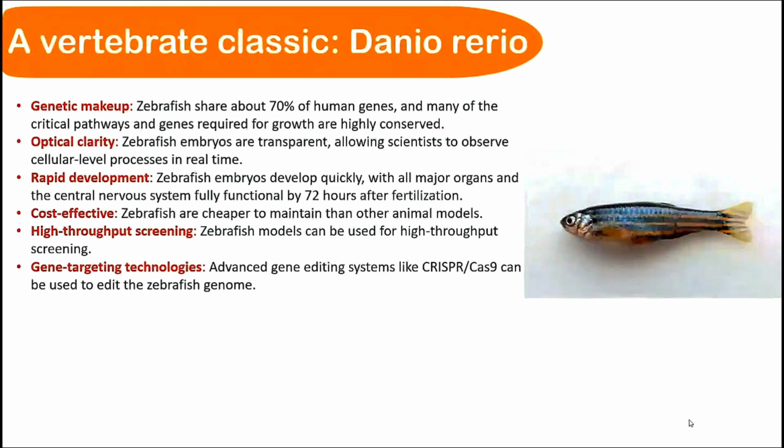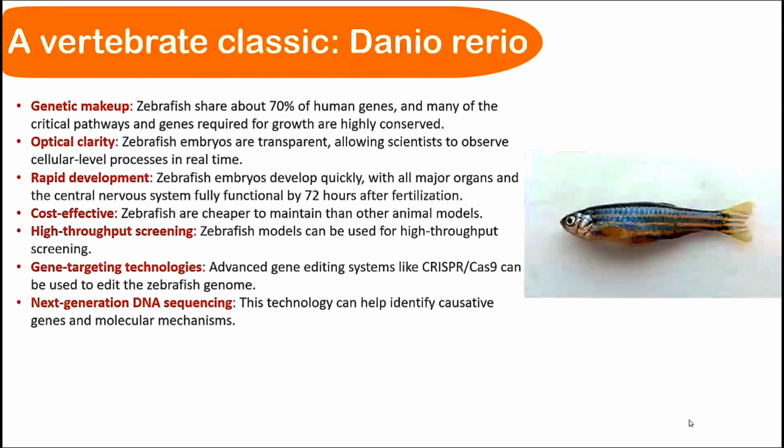They are also good with gene editing systems such as Cas9 and CRISPR for editing the zebrafish genome. And next generation sequencing, NGS, has also worked well with the zebrafish. So zebrafish these days is another good choice as a model organism.